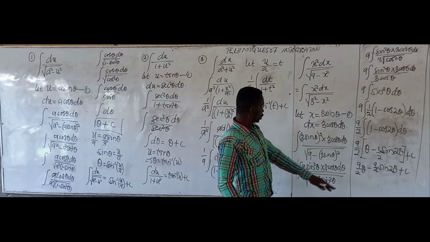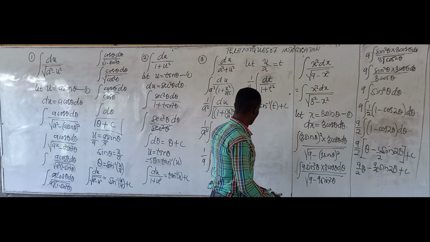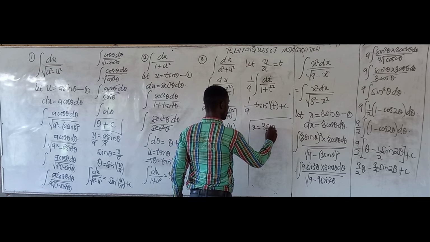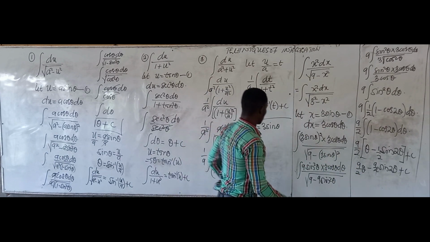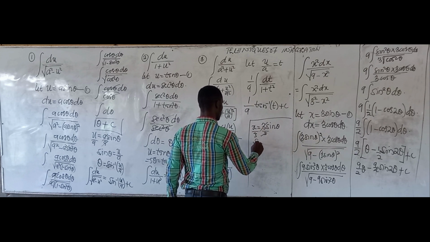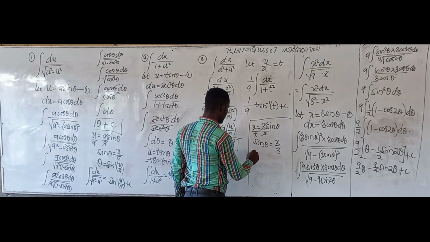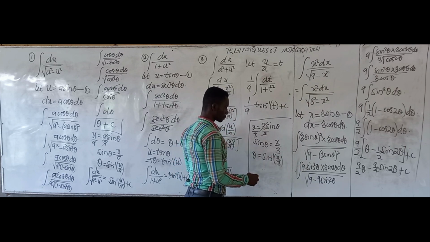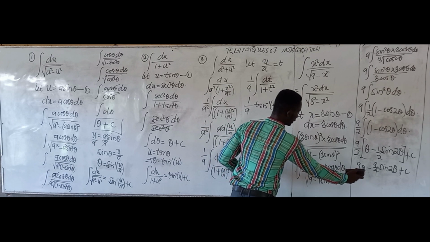But interestingly, you can find theta. You see here you have x is equal to 3 sine theta. Let me write it here: x is equal to 3 sine theta. From this you can find theta and substitute here. If you divide both sides by 3, you have sine theta is equal to x over 3, so theta is equal to sine inverse of x over 3.